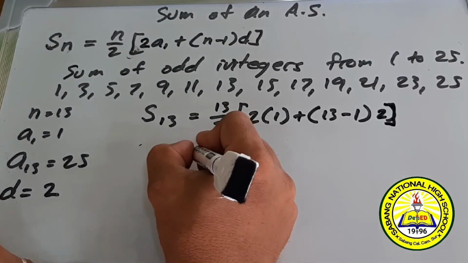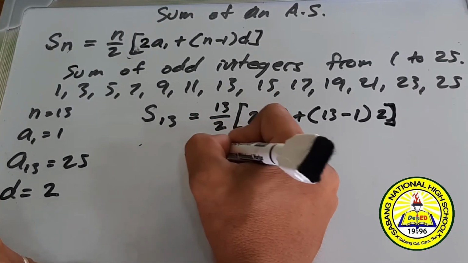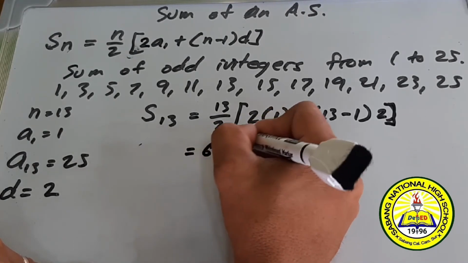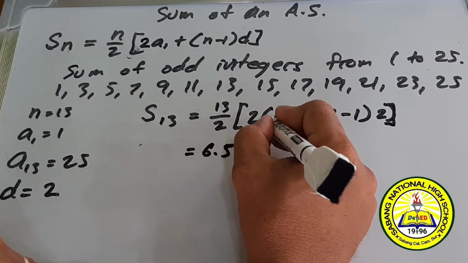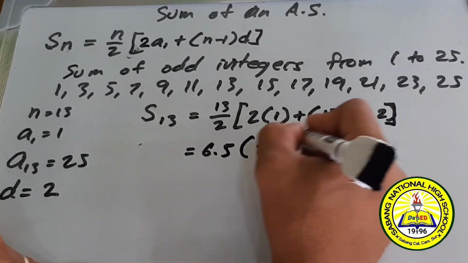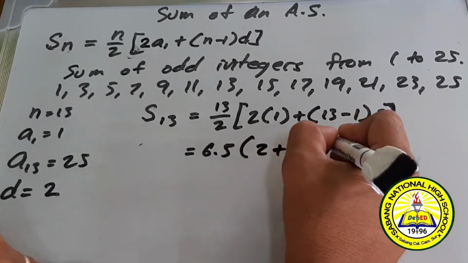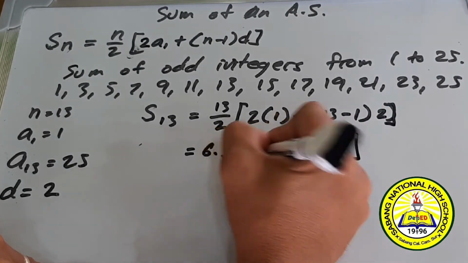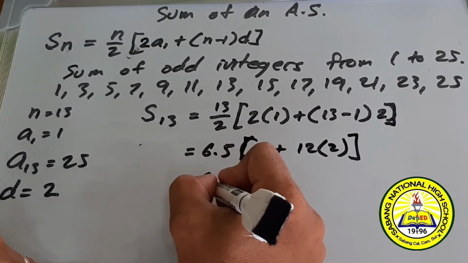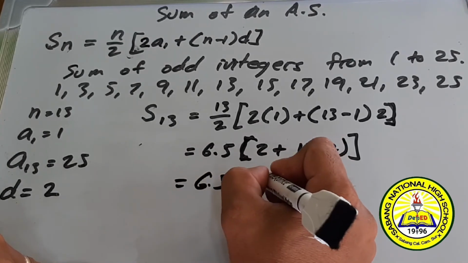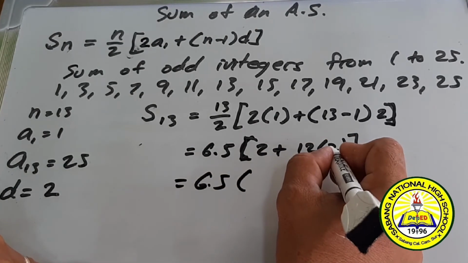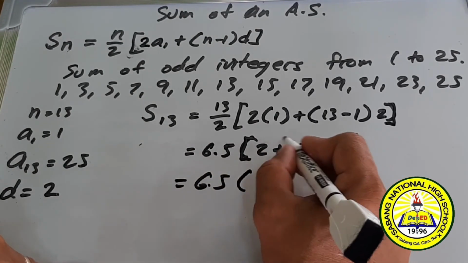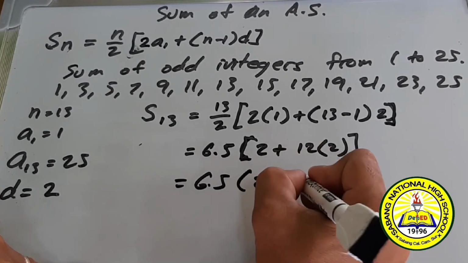So 13 over 2 is 6.5 times 2 times 1 is 2, 13 minus 1 is 12 multiplied by 2, that is 6.5 times 2 plus 24, which is 26.